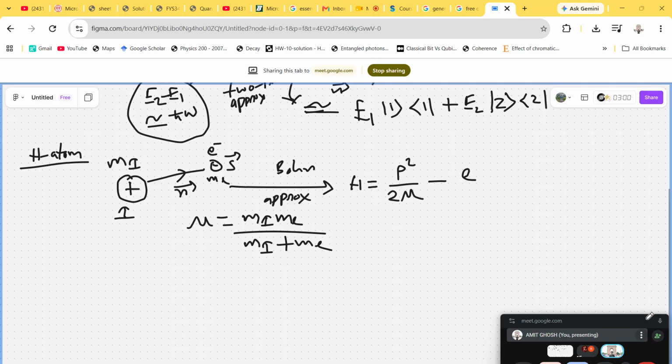In general, for hydrogen Z equals 1, but in general you can write Z square by 4 pi epsilon 0 times the relative distance, here r. So this is your Hamiltonian under the Bohr approximation, right?